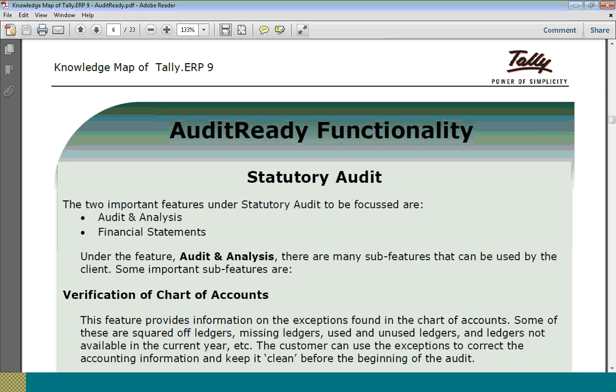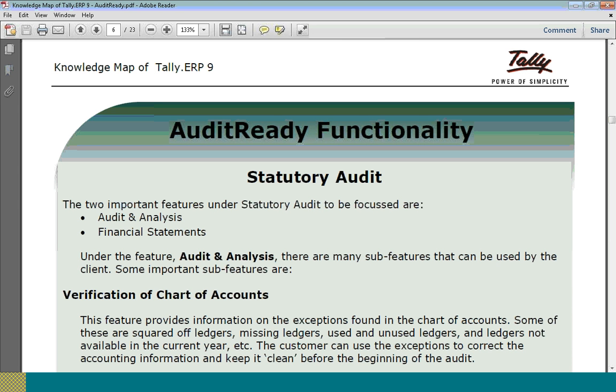Right? So this is one area where we talk about verification of chart of accounts. The customer can use the exceptions. Tally, through the feature of audit and compliance, under statutory audit, audit and analysis, will give you the exceptions. It shows what the missing ledgers are when you compare with the previous year.